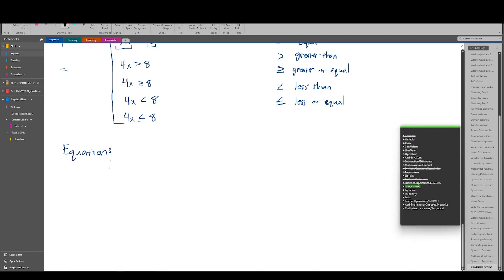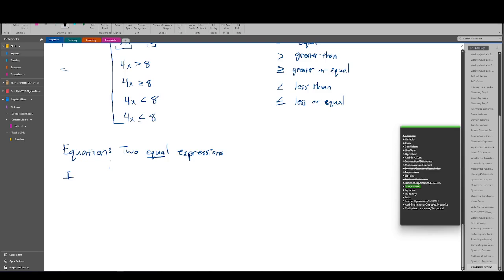All right, an equation is two equal, equal is the key word, that's why it's called equation. You can see equal in there. Two equal expressions. So we use an equal sign between two expressions to say that they have the same value.